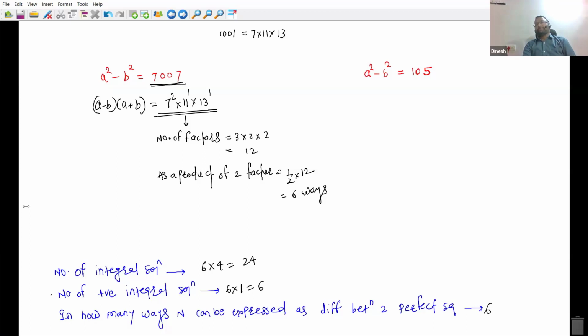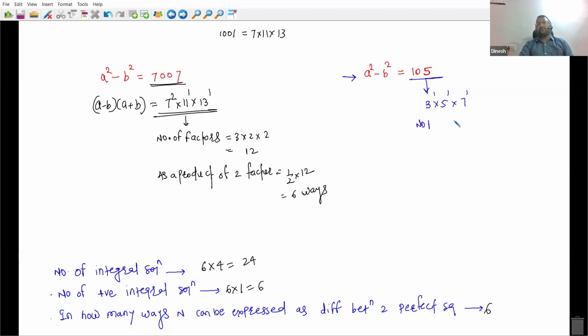The answers are 16, 4, and 4. First step, you need to find the number of factors. This is 3 into 5 into 7.